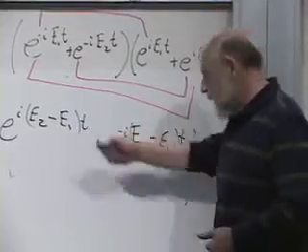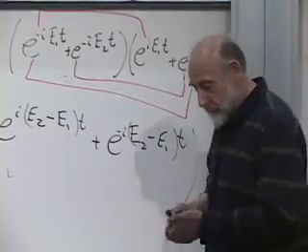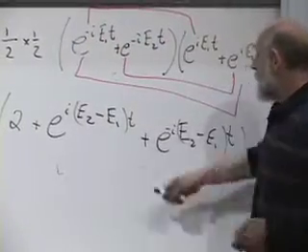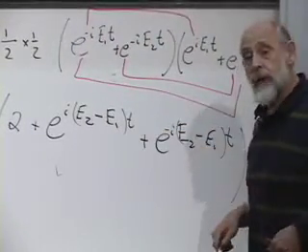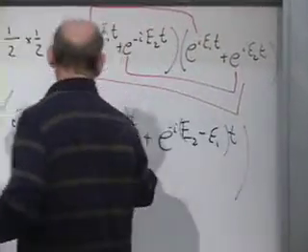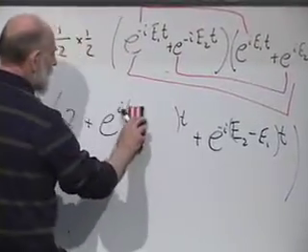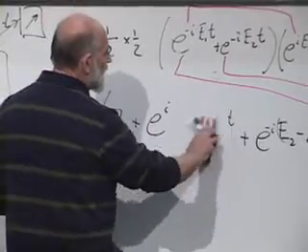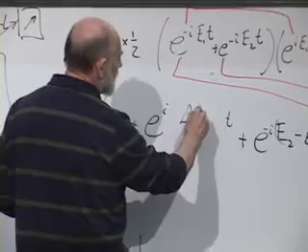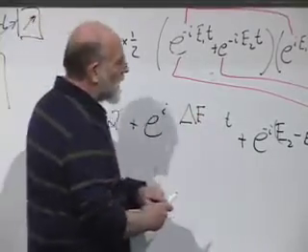All right, so it only depends, as we might have guessed in the first place, on the energy differences. Let's call the energy difference E2 minus E1 delta E, just so I can stop writing E1s and E2s, the difference of the energy of the X polarization and the Y polarization.